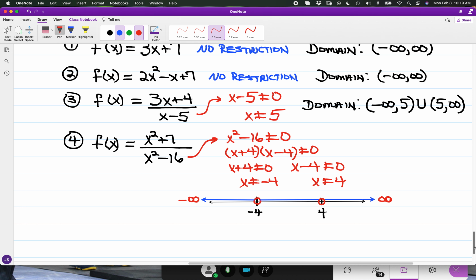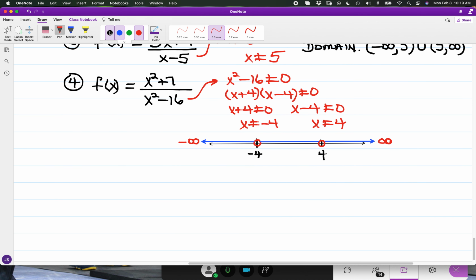What I'm going to do here for the domain is take the left-hand section. Again, infinities are unbounded, so they will stay in parentheses. Now for this first leg, so to speak, you have between negative infinity, approaching but not including -4.